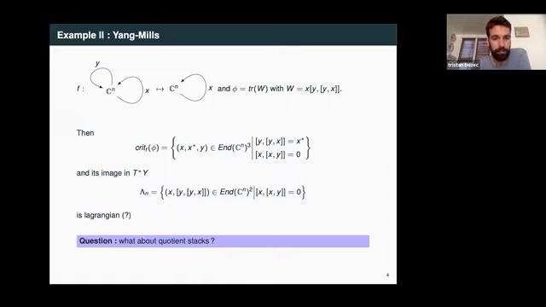Again, it seems to be pretty new. We haven't performed a thorough study of these irreducible components, but from the results I'm going to give later, it is indeed something Lagrangian.